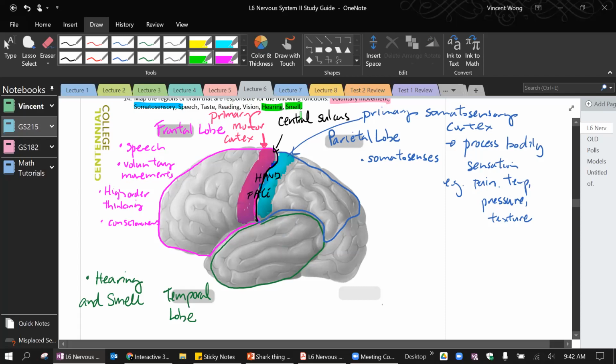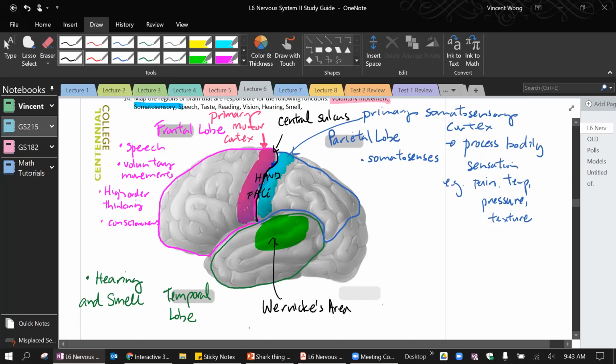There's a Wernicke's area here for processing speech. Let me just erase the highlights. So this right here, that is the Wernicke's area.